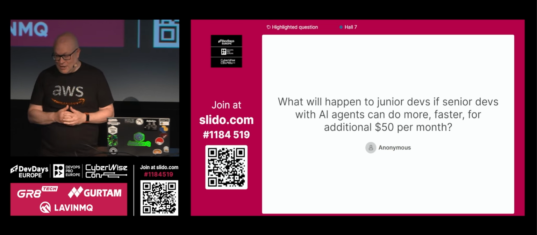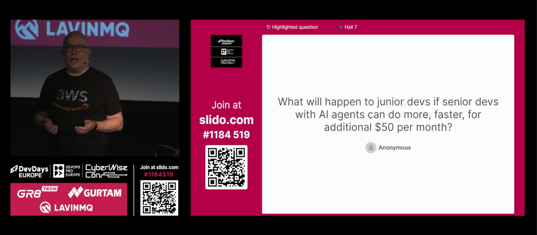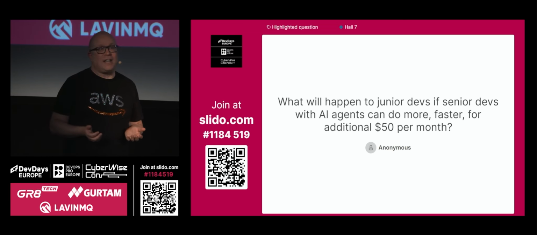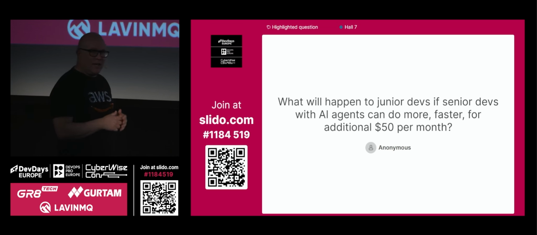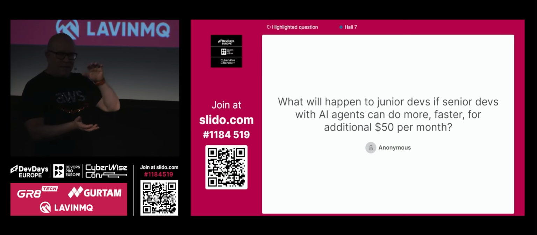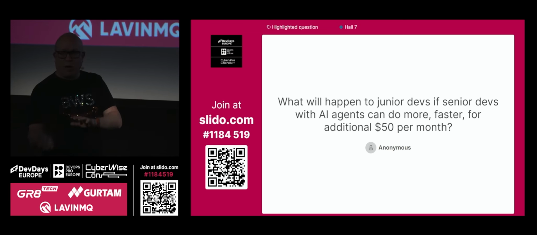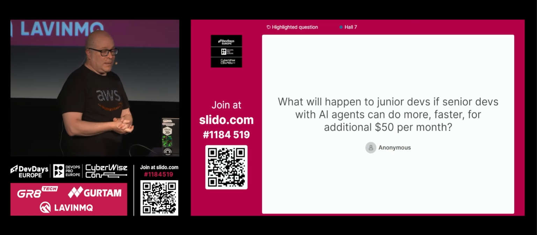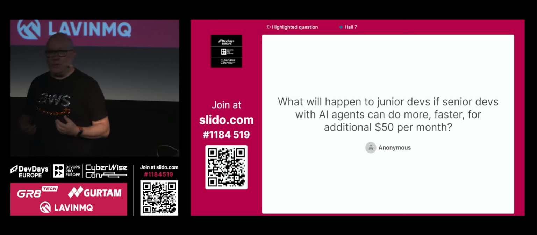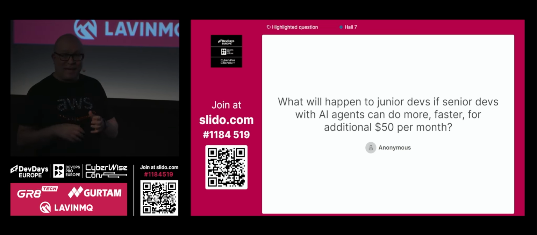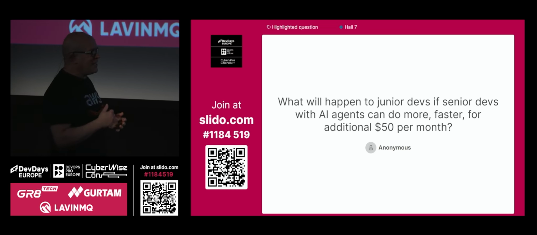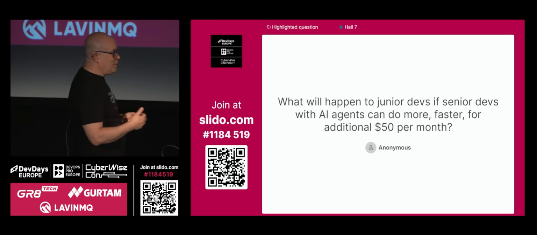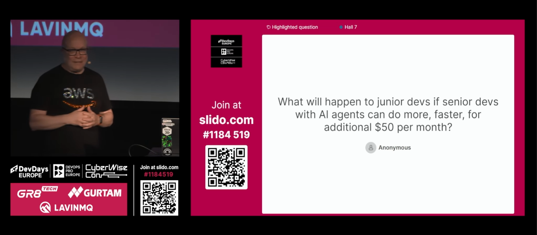In fact, for learning, imagine you've got a lab you're doing and you get stuck. Normally you have to go to the teacher and say, look, I'm stuck, I don't know how to do this. Maybe the crib sheets you've got don't provide enough information to solve it. Well, LLMs can now help you as a student get past those, and you can accelerate your learning. That's what a lot of junior devs are beginning to do.